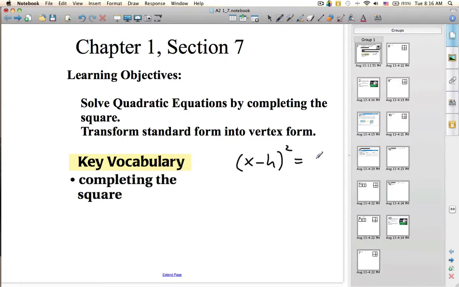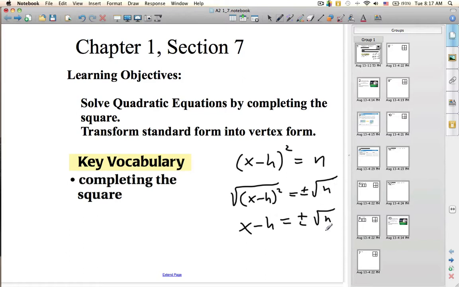Let's just say that this equals some number we don't know. The point of completing the square is so that I can square root either side of the equation, and then I can find the value of x because I've managed to get it out of being x squared.